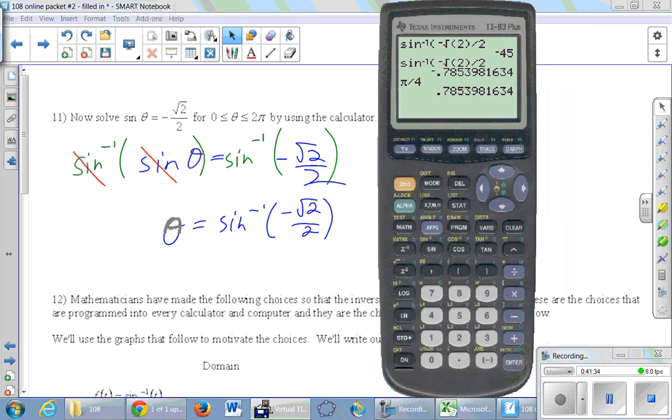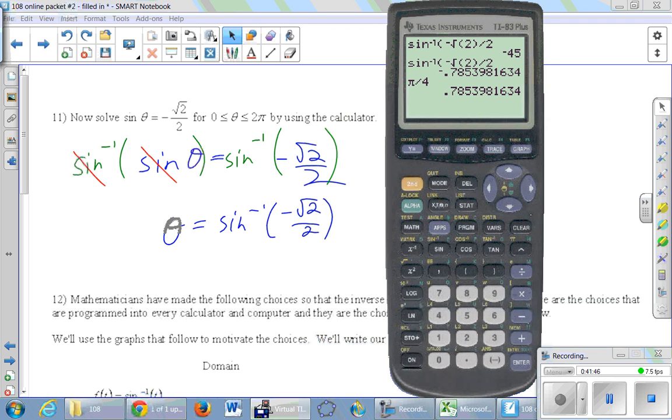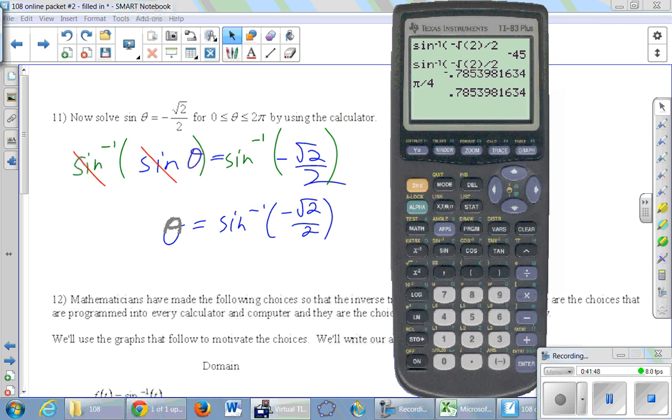And lo and behold, exactly the same decimal, but a positive instead of a negative. That kind of makes sense. If you think about the point that we picked on the unit circle, it was at negative pi over 4. We just chose to write that as 7 pi over 4.